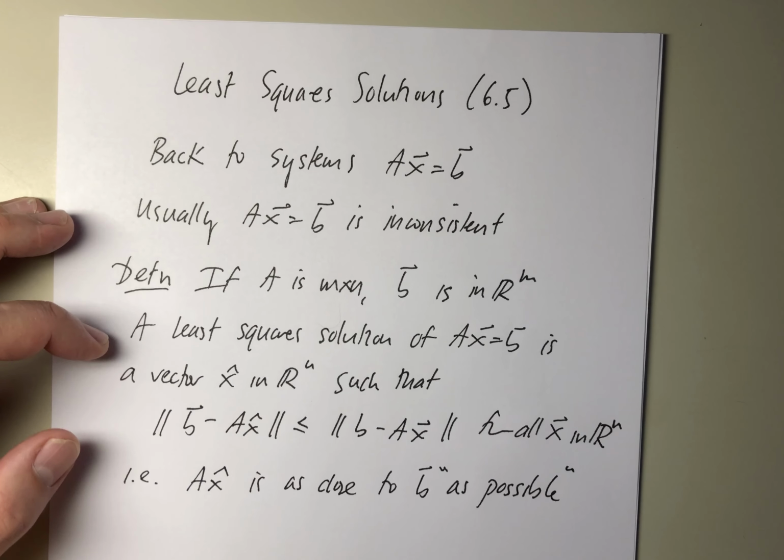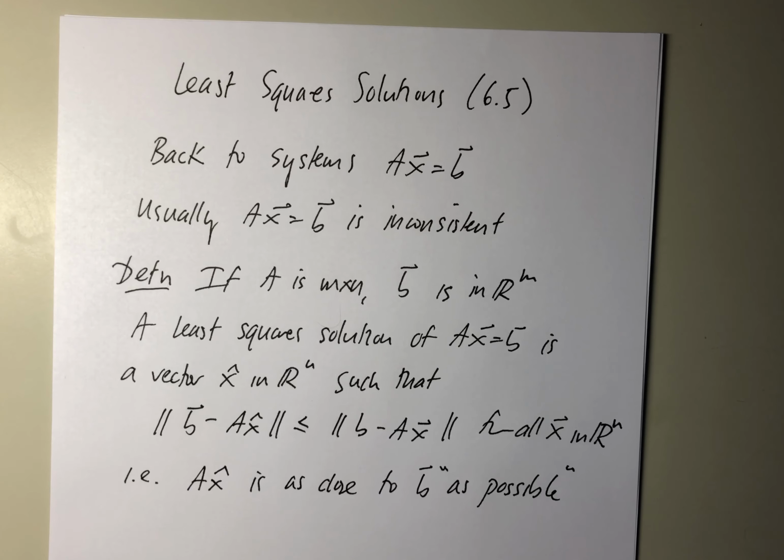We'll make this a bit more precise in a second, but the idea is that in general we can't get a solution, but we want to get something as close as possible.